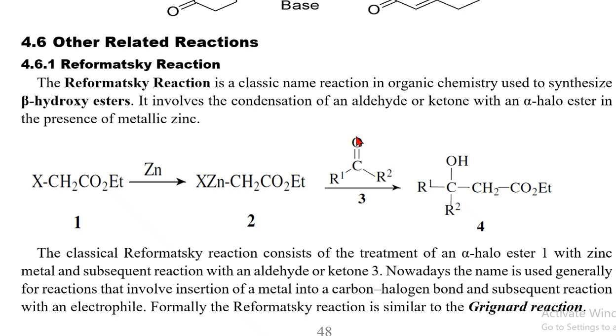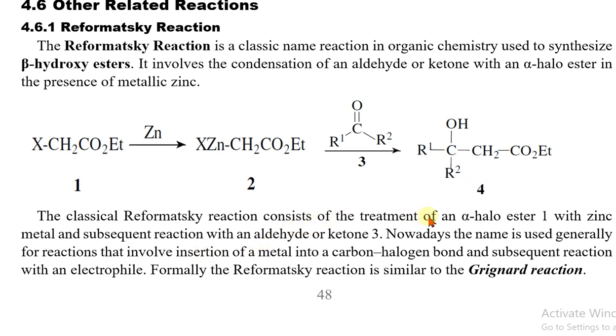So the classical Reformatsky reaction consists of treatment of an alpha halo ester with zinc metal and subsequent reaction with the aldehyde or ketone. This is the classical method. In these days or in early years here, the name is used generally for reactions that involve insertion of the metal into a carbon-halogen bond and subsequent reaction with the electrophile.